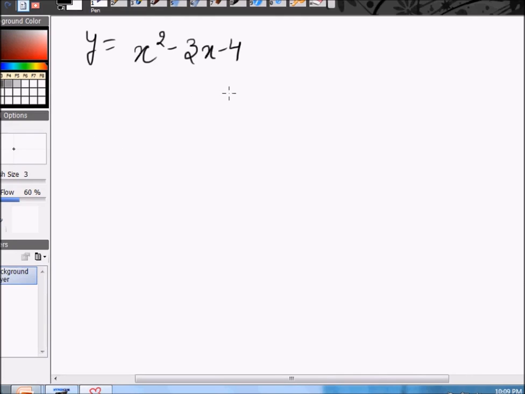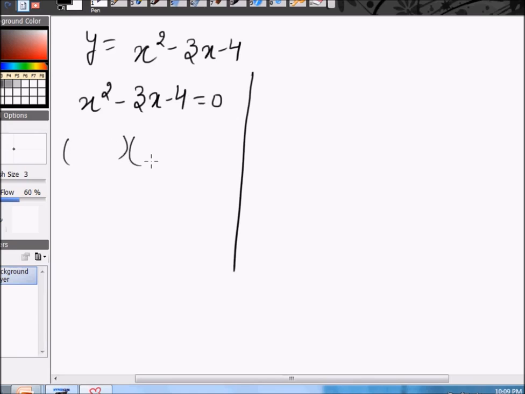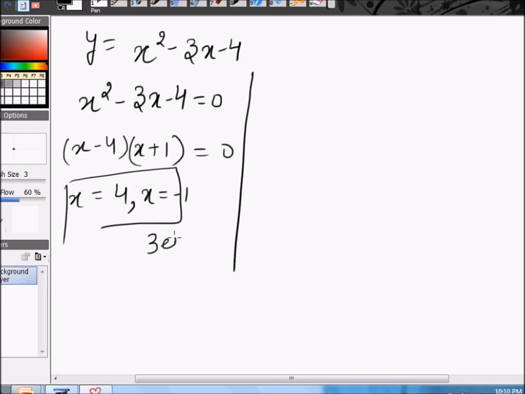To find the zeros of such a polynomial, put x square minus 3x minus 4 equal to 0. Again, it is a quadratic equation and its factorization method will be studied in a later chapter. The factorization of such an equation will give us x minus 4 and x plus 1 as two factors, which will give us x equal to 4 and x equal to minus 1 as the two zeros.